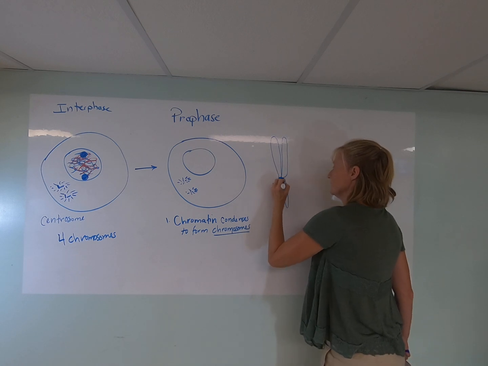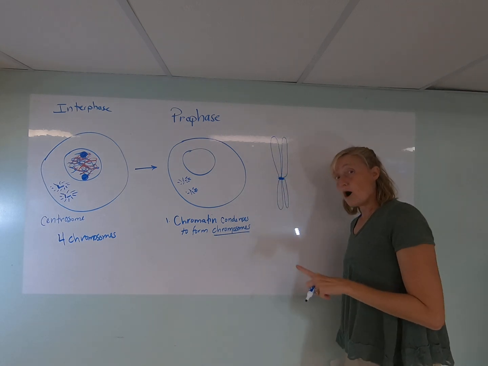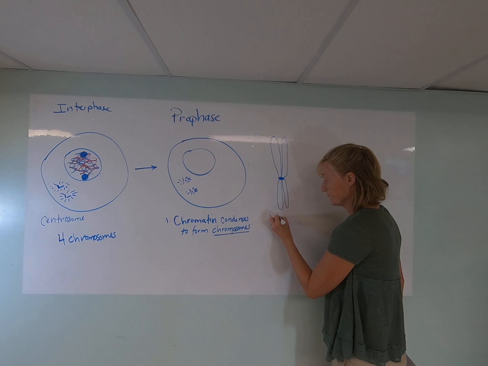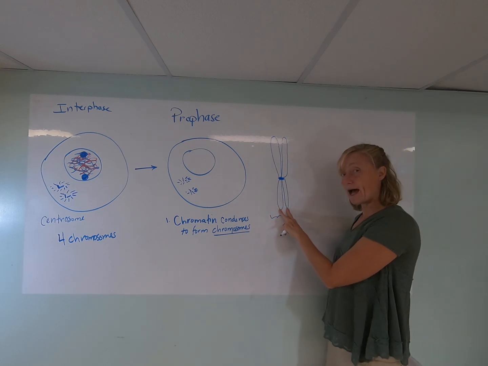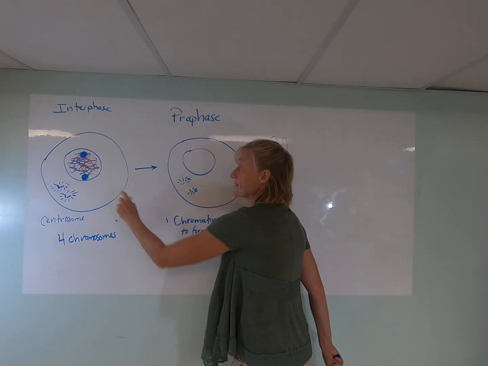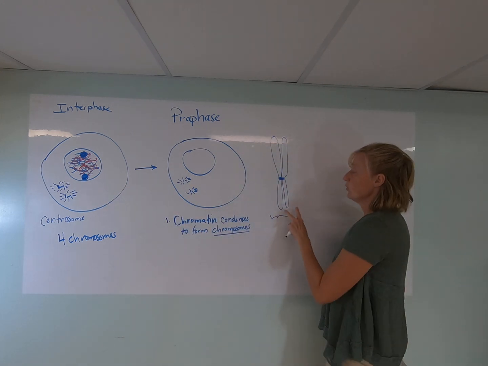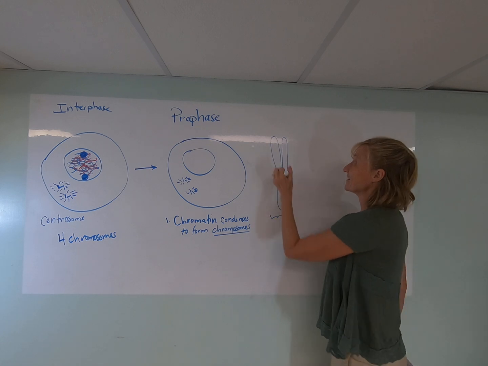This would represent 1 chromosome. But it's made up of 2 identical copies of itself because the DNA replicated back in interphase. 1 chromosome made up of 2 identical copies.